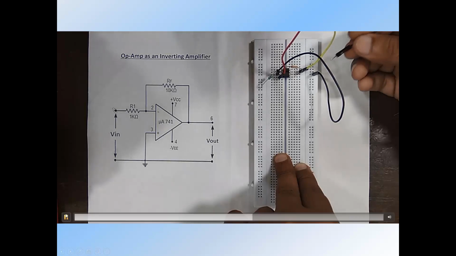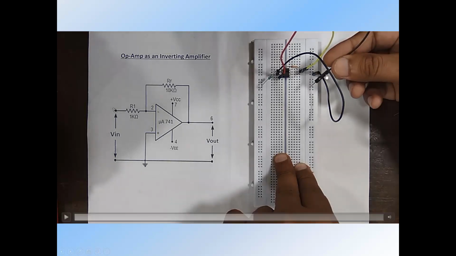And next step, connection of the ground jumper wire. This ground jumper wire of the DC supply will be connected to any one of these holes, and this track of the breadboard is vertically shorted up to this point.